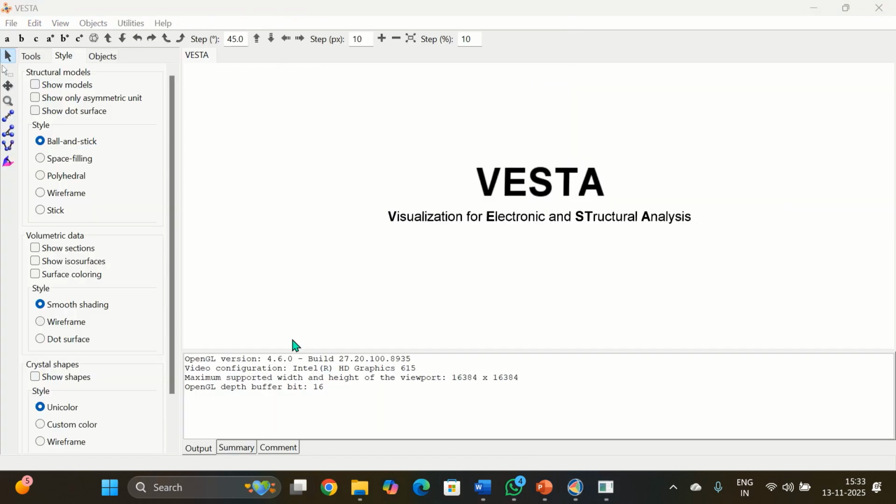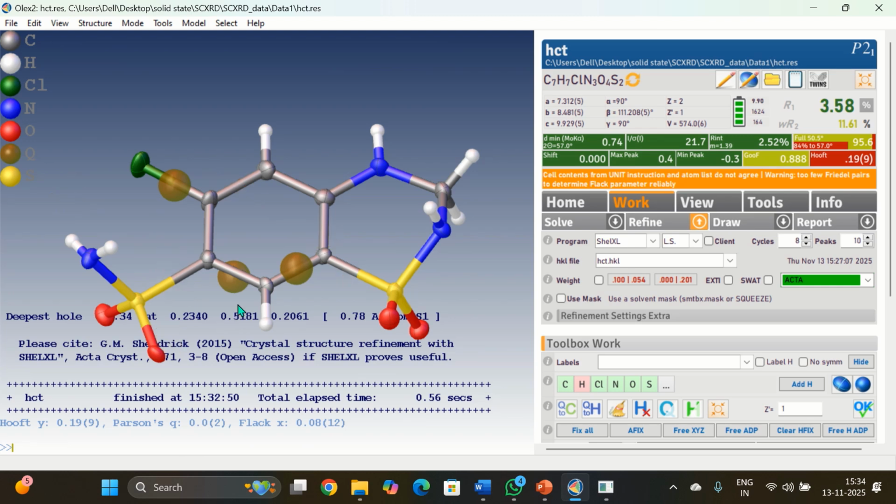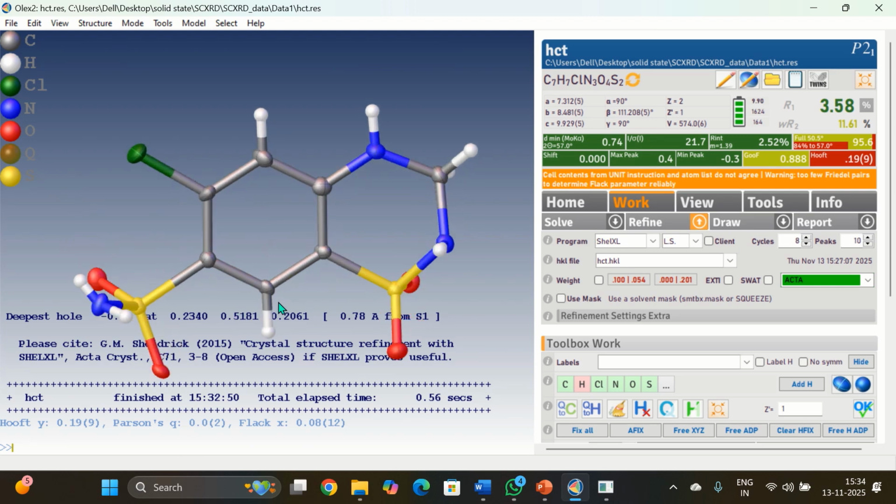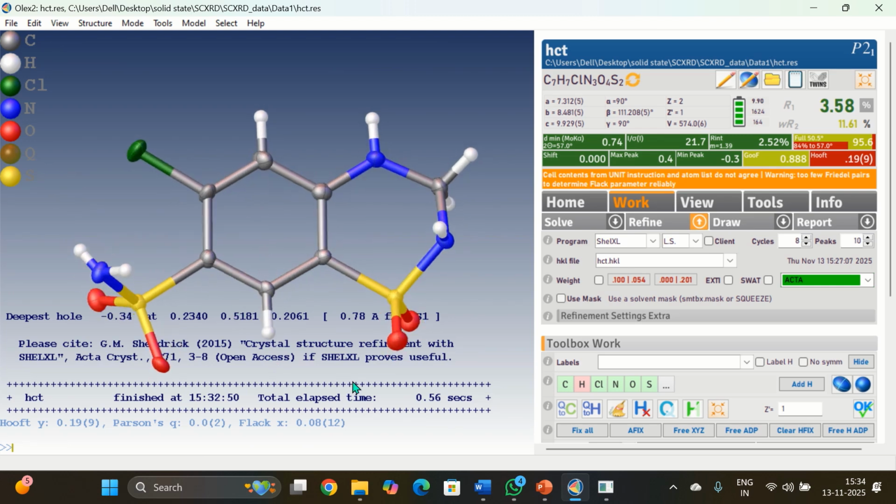Now using this Vesta software we will learn how, with the structure that we have drawn here, to simulate the pre-XRD data that this structure should possess, and the unit cell of the structure.